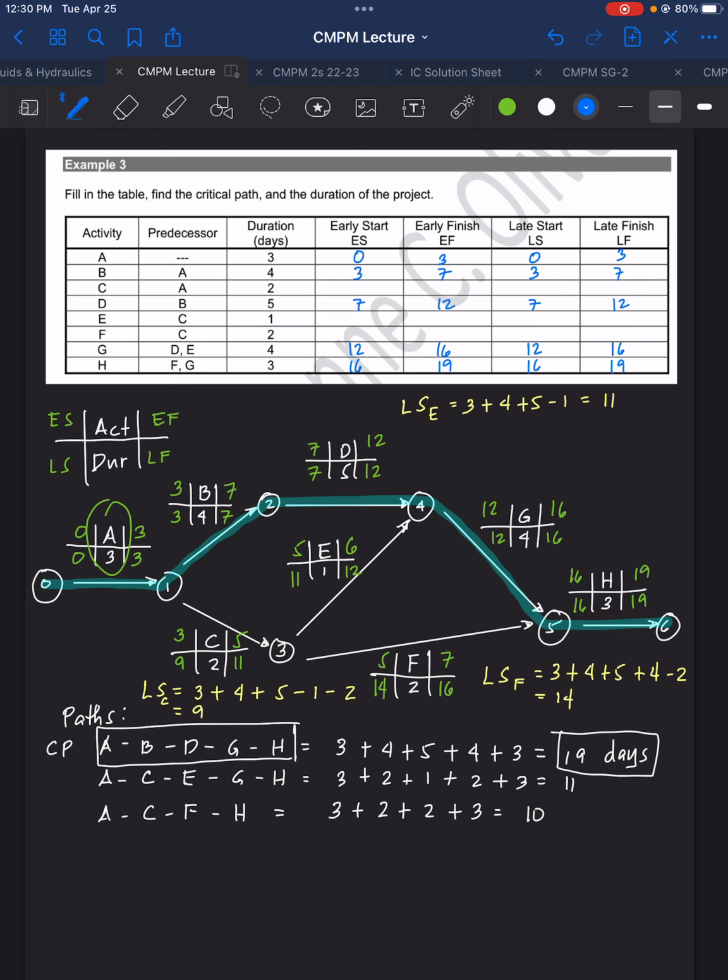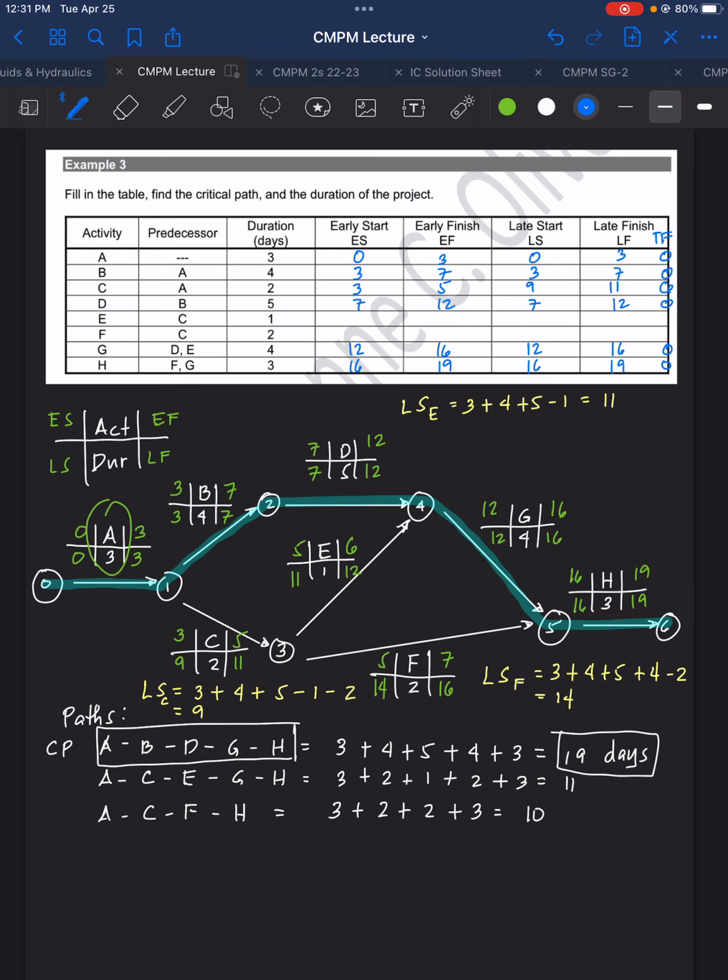As for the float, it's not stated here, but I will write it now. For the total float, the float is 0, 0, 0, 0, 0. Now, as for activity C, we have here 3, 5, 9, and 11. For the float here, we have 9 minus 3, 6, or 11 minus 5, 6.